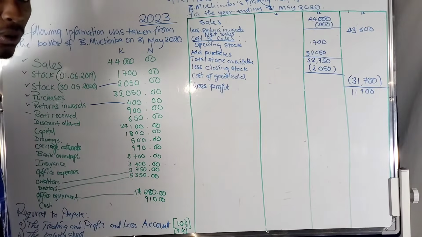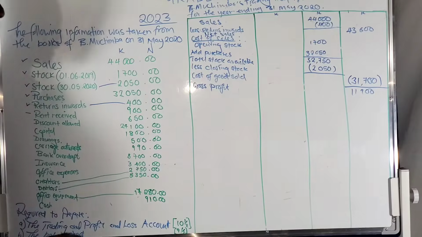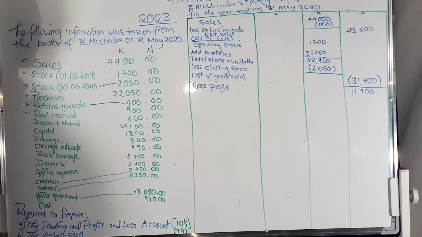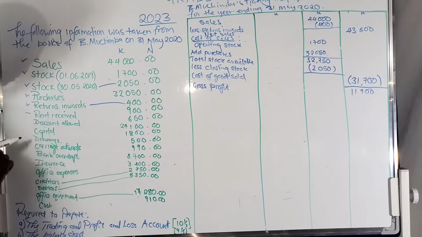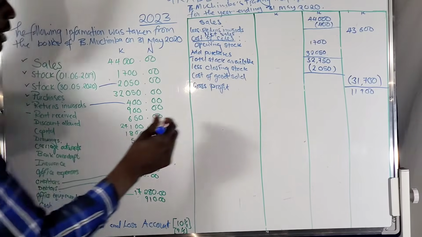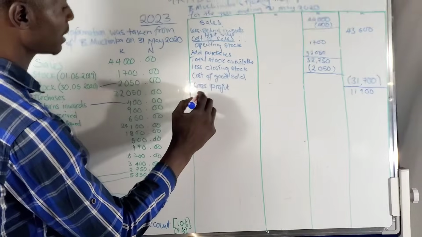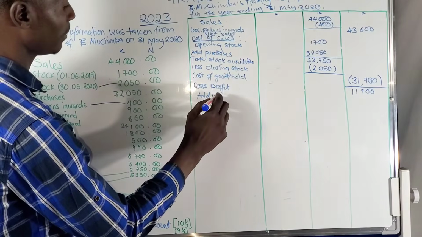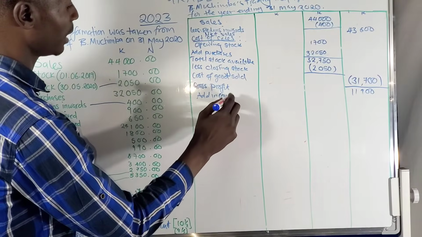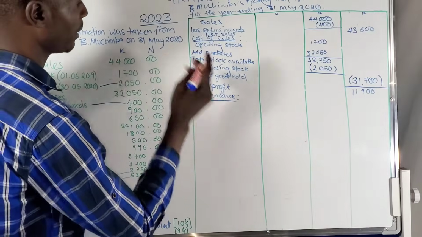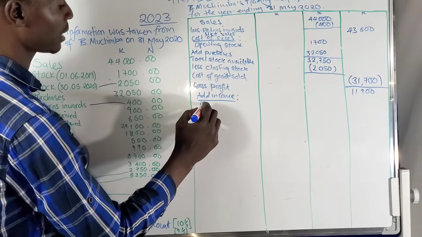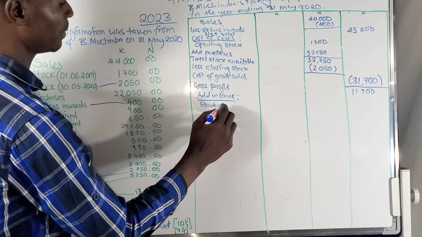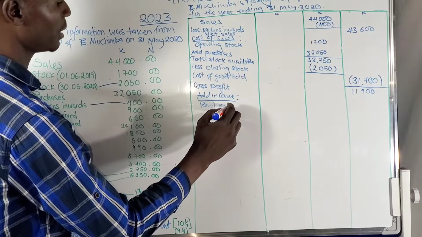Anything receivable or which is written received is under income. If you look at this, we only have one. Since we have one, here we're going to say add income. Now we only have one income, which is rent received.